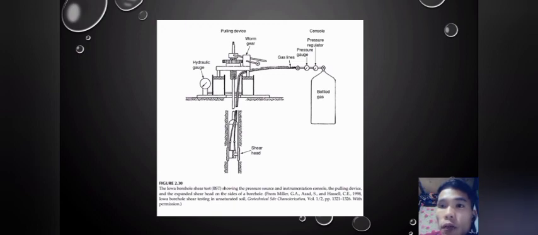Then the pipe lines have a pressure gauge. Then there is a pressure regulator. So here it is under the console. Then for the pressure, they use bottled gas. So that is the appearance of the Iowa borehole shear test. So you can see here the process of the borehole shear test.